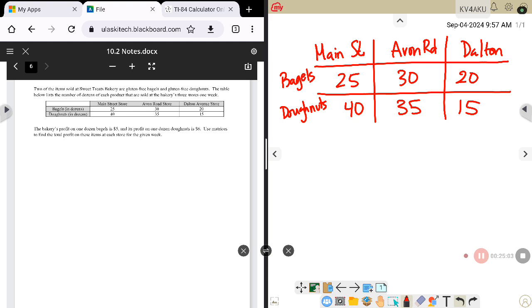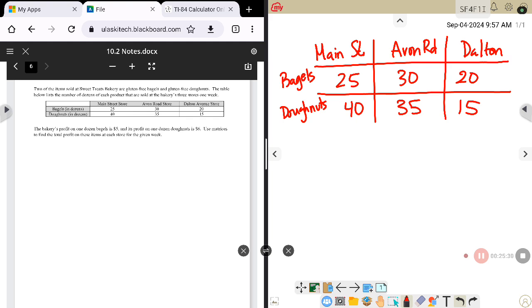So the Main Street store, and this number is in dozens, sells 25 dozen bagels and 40 dozen donuts. The Avon Road store sells 30 dozen bagels and 35 dozen donuts. And the Dalton Avenue store sells 20 dozen bagels and 15 dozen donuts.